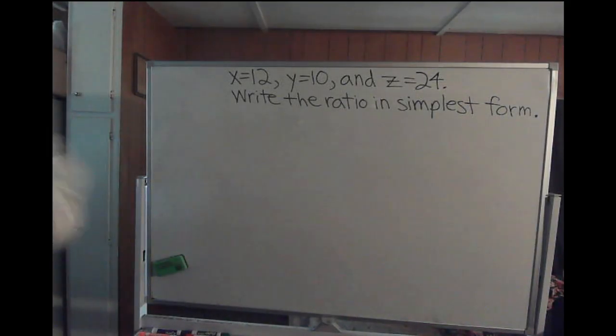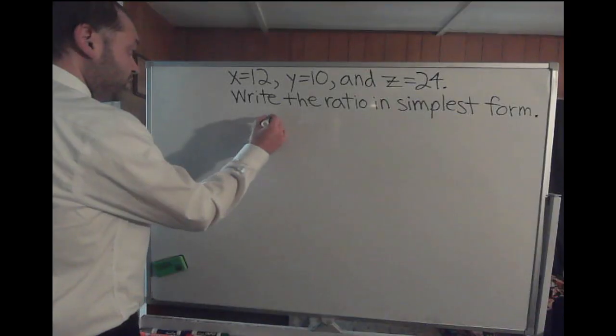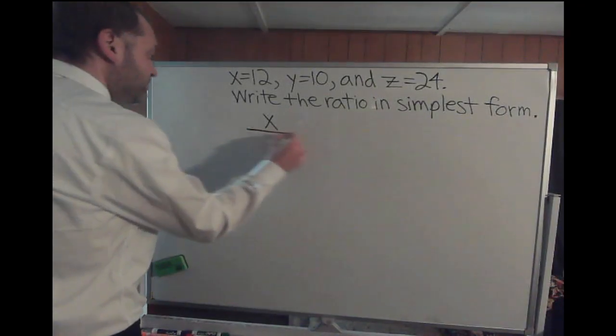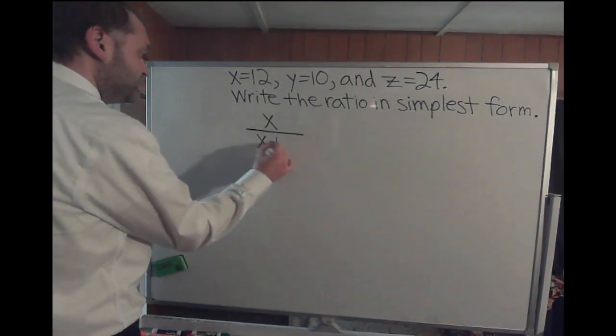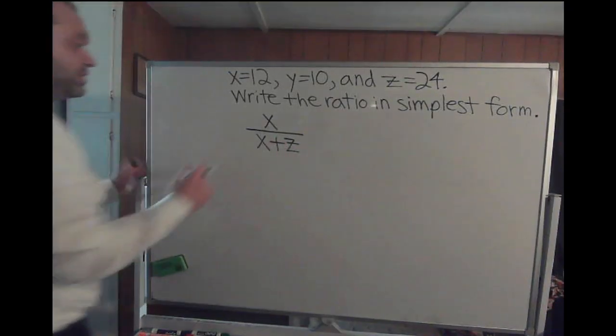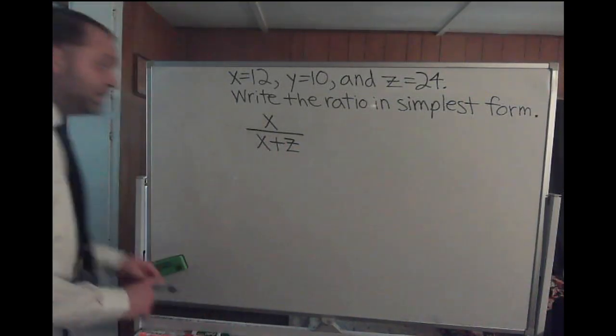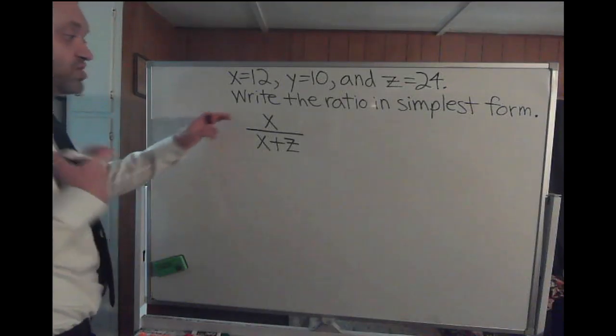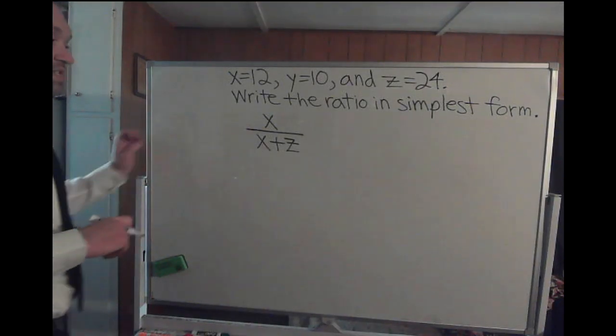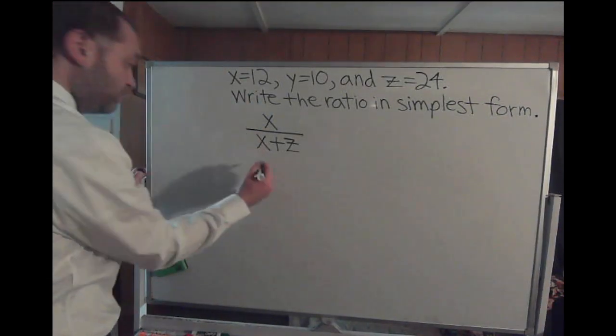All right. This changes form. We have the ratio of x all over x plus z. So we have the ratio of x to x plus z. Well, we're still going to plug in values here like we did before, just the ratio is written as a fraction this time. So x, of course, is 12.